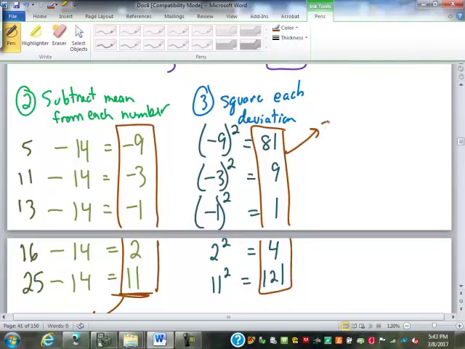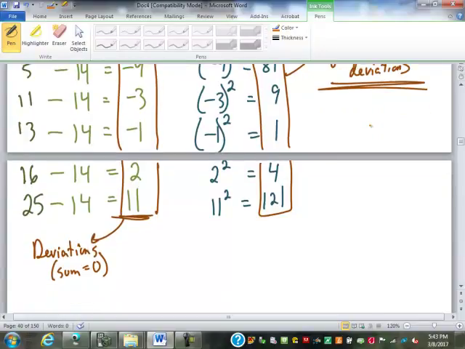These are what are called the squared deviations. What's step 4? Add the deviations together. Find the total of the squared deviations.